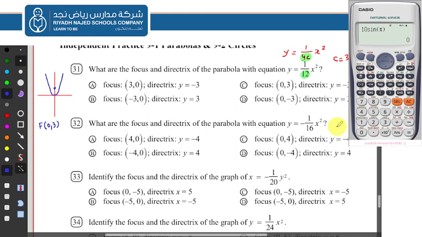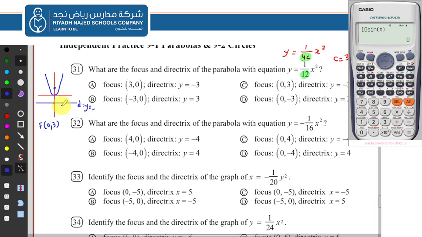And since c is 3, this distance is 3. The directrix must be on the other side at -3. So this is the directrix, and it intersects the y-axis, so the equation is y equals -3. Okay, so the focus is 0, 3, and the directrix is y equals -3, which is answer C.